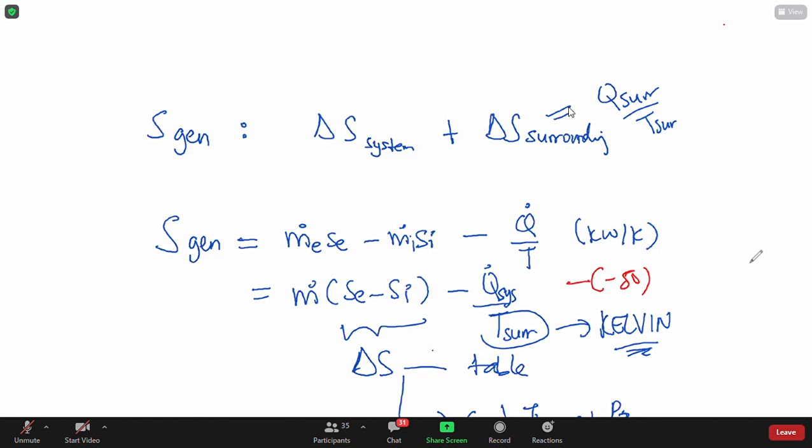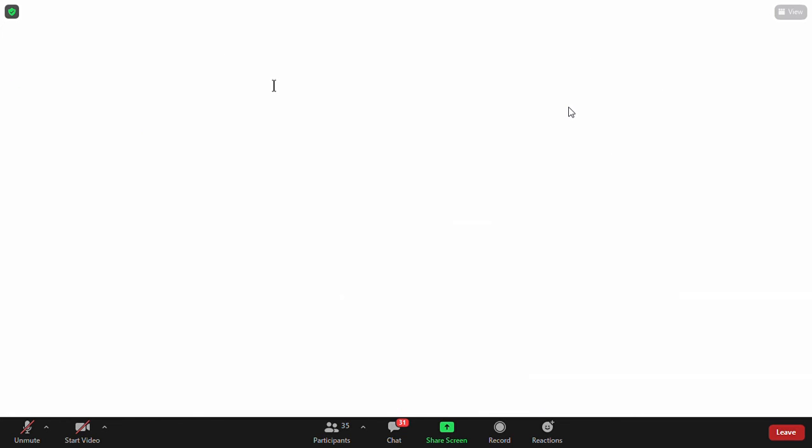And then of course, you will remember to use the increase in entropy principle. What is the increase in entropy principle? It has to do with S gen. If S gen equals 0, what do you have? Reversible. Is it possible? Yes, possible.